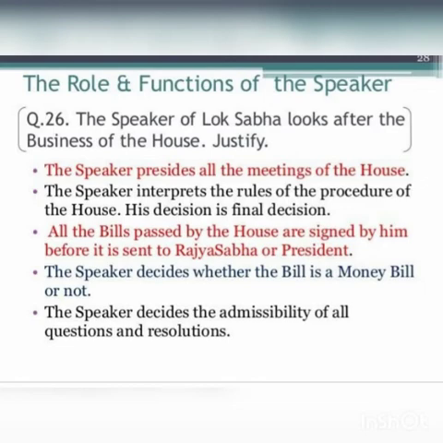He interprets and applies rules of the House. All the bills of the House are introduced with the permission of the Speaker. A Speaker certifies whether a bill is a money bill or not.